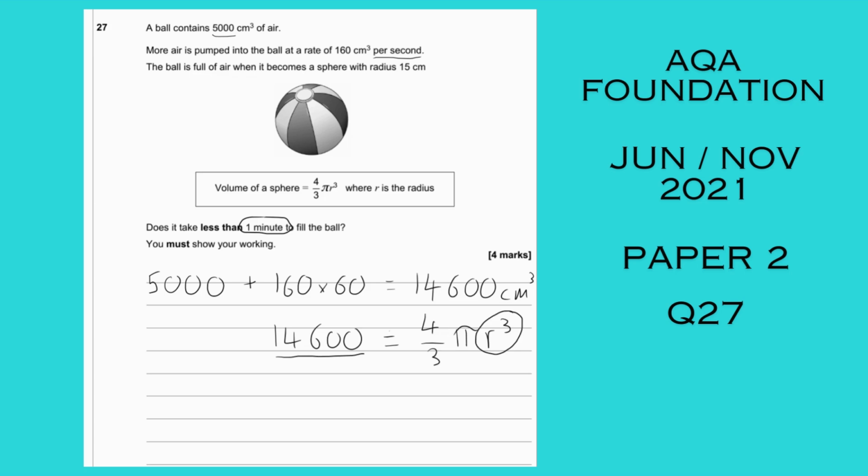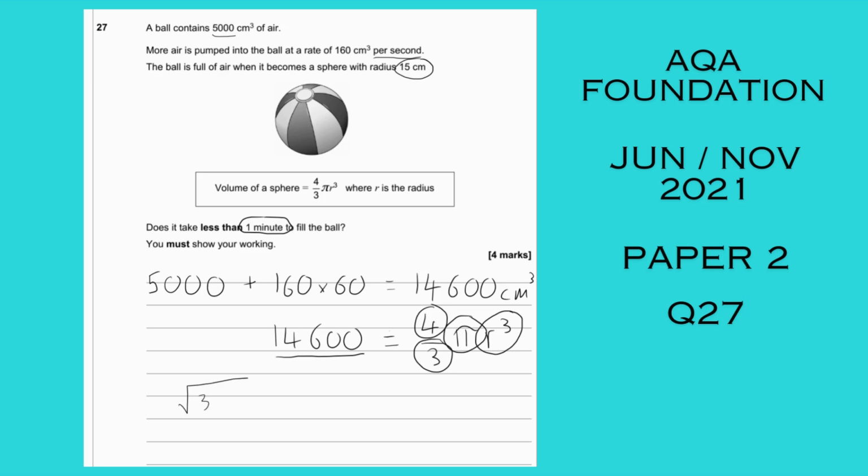So grab hold of your calculator and do some opposites. So take your 14,600 in your calculator, get rid of the divide by 3 by multiplying by 3. Get rid of the 4 by dividing by 4. Get rid of your multiply by pi. Yep, divide by pi.